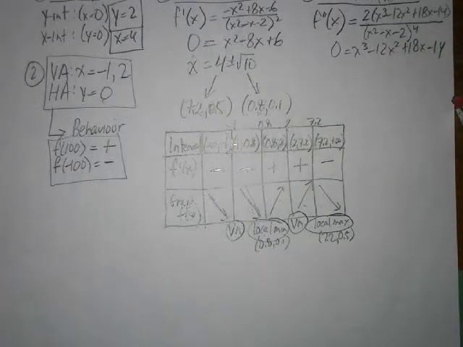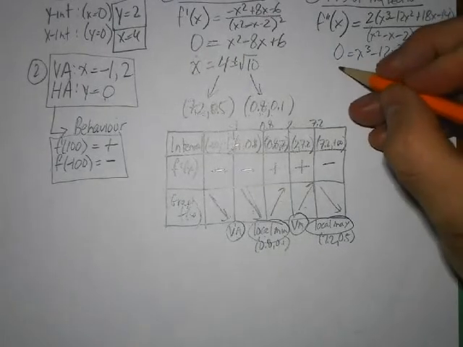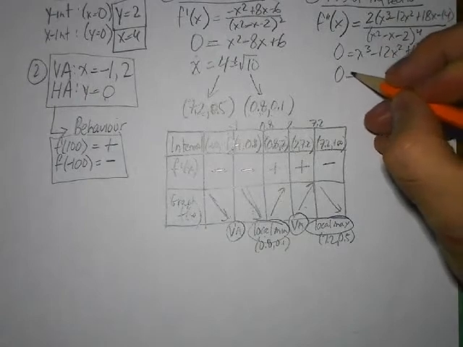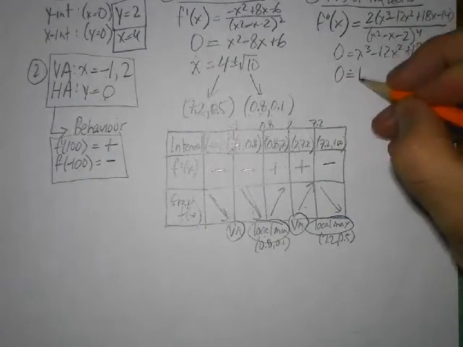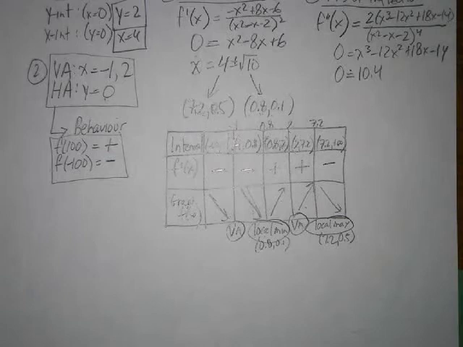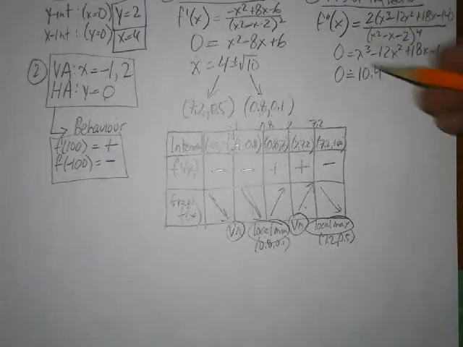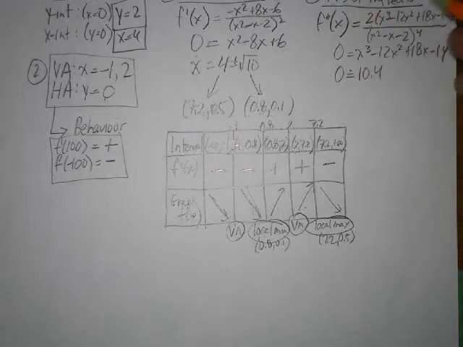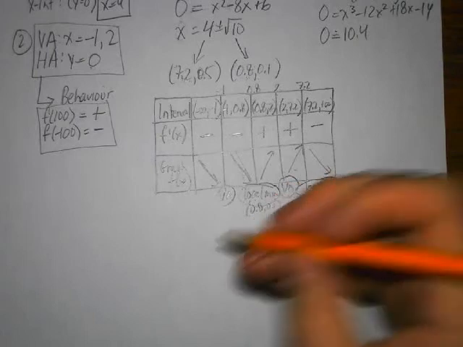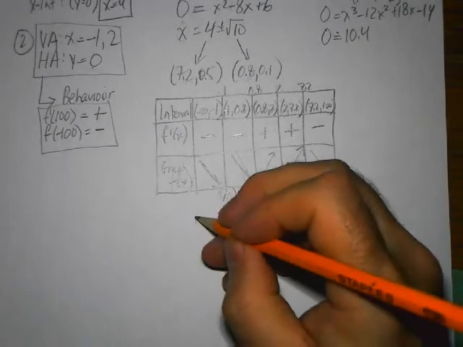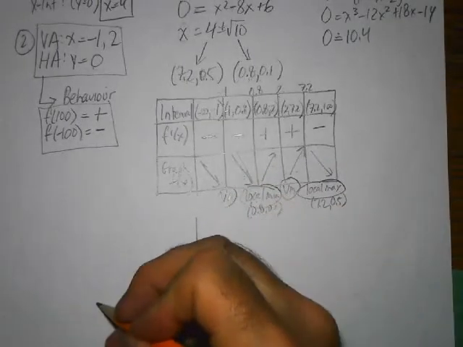Okay, sorry about that. So there is one solution for this, and that's x is approximately equal to 10.4. That's a lot of work to just get that. In fact, usually when I teach this, I don't even bother with this point of inflection. But you'll see when we do the sketch here.